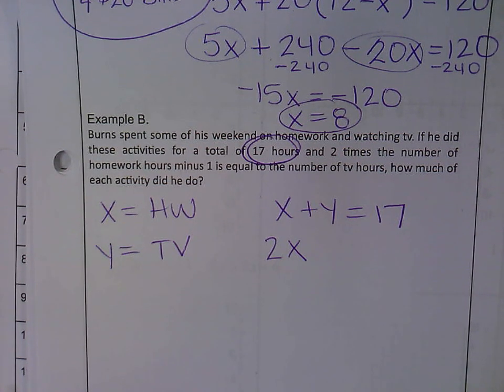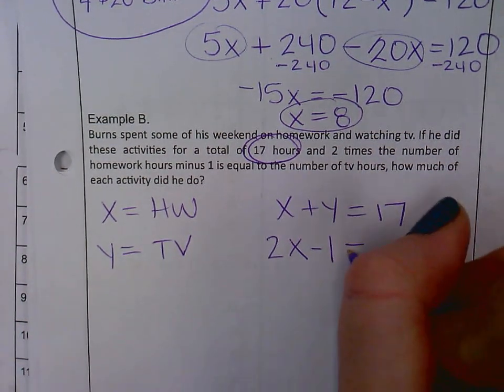So I should write an equal sign. Then it says the number of TV. Oh, it doesn't say minus 1. I didn't write the minus 1 yet, right? 2 times the number of homework hours minus 1 is equal to. So I want to write a minus 1 and then is equal to.